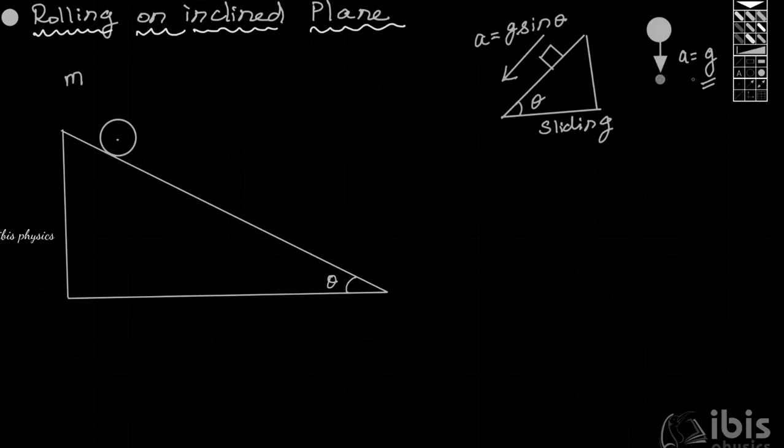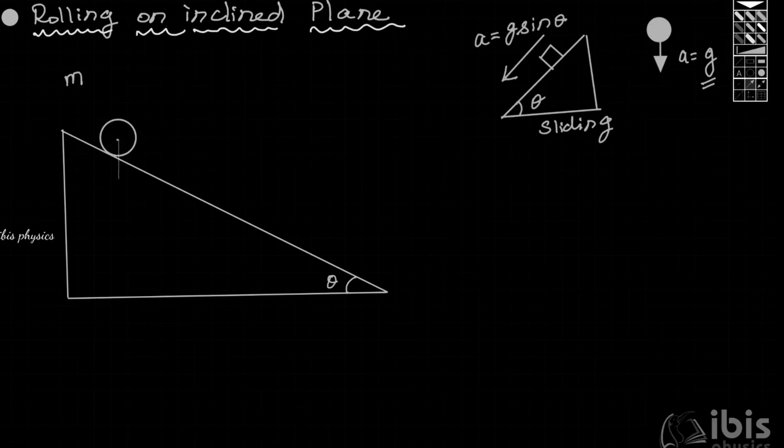In both cases gravity is there, but whenever there is a translatory motion, the force required depends on the mass, and whenever there is a rotatory motion, the force required depends on the moment of inertia. So here the contribution of moment of inertia will be there. That's what we are going to find out now.